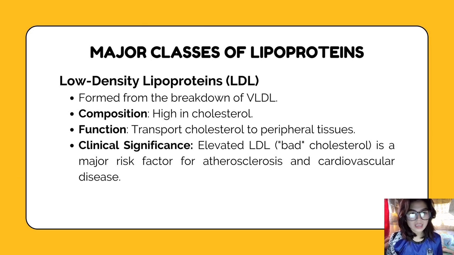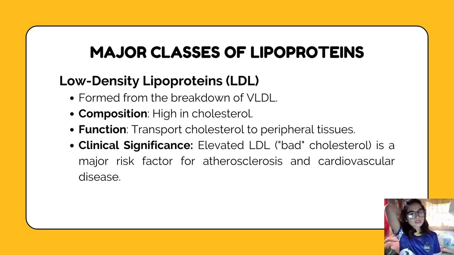This is why LDL is referred to as bad cholesterol. Why is LDL considered bad? High levels of LDL cholesterol contribute to the buildup of plaque in the arteries, a process called atherosclerosis. This can lead to heart attacks, strokes, and other cardiovascular problems. So maintaining healthy LDL levels is really important.